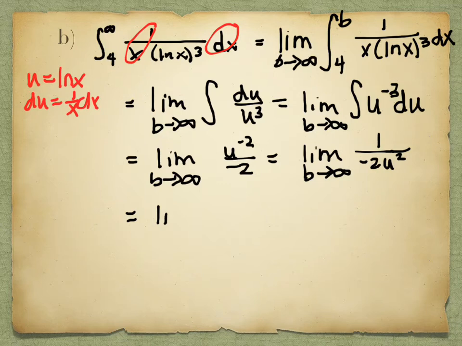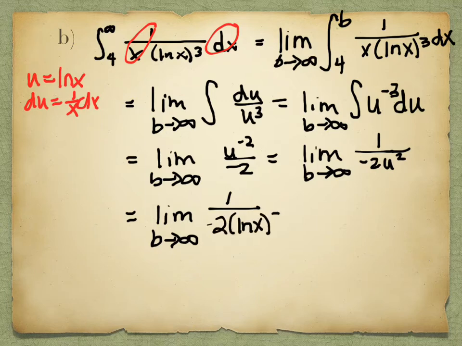So this is the limit then as b goes to infinity of 1 over negative 2 natural log of x quantity squared. And I now can evaluate that at the limits I had before, which were b and 4. Any questions? Okay, what's my next step then?